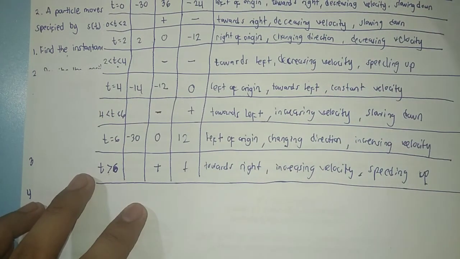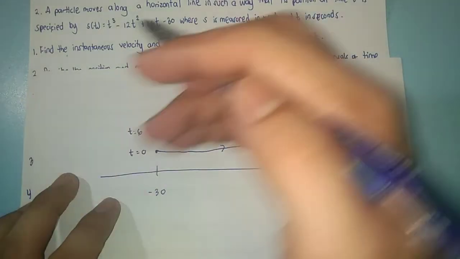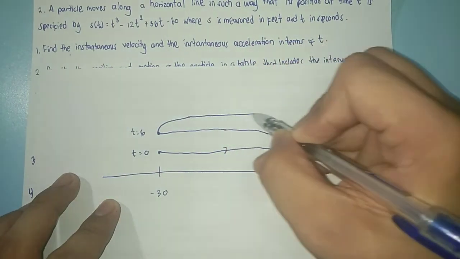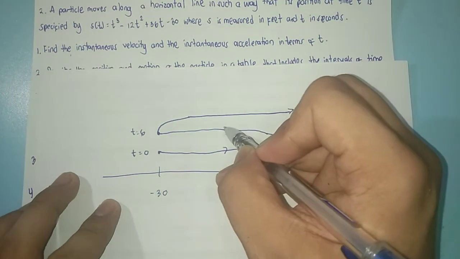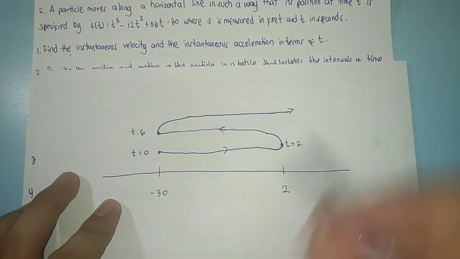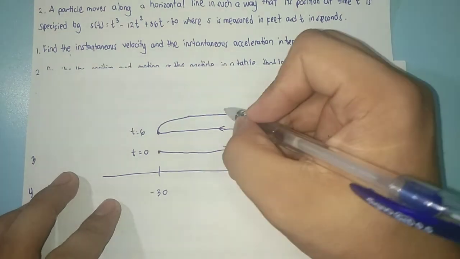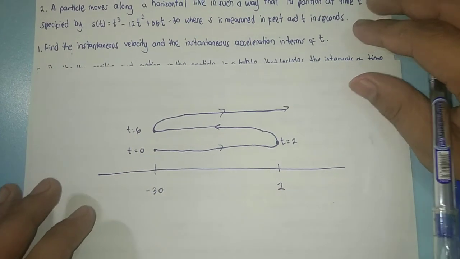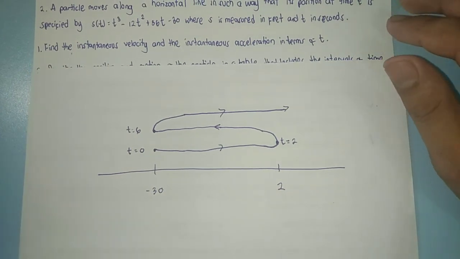So, ibig sabihin, bumalik siya sa pataas. Okay, mula dito, papunta na sa right side. Tuloy-tuloy na yan sa right side. So, bumalik dito, then for t greater than 6, tuloy-tuloy na siya dyan sa right side. So, ganyan yung nangyari, nung movement ng ating particle.